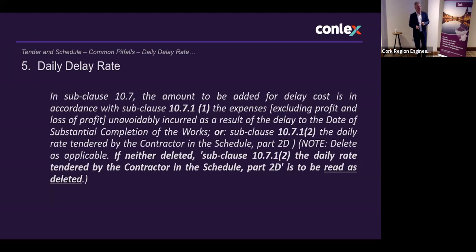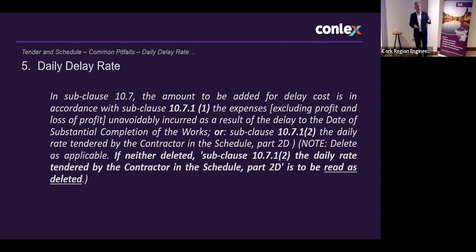And this is the important bit. Delete as applicable. If neither deleted, subclause 10.7.1.2, the daily delay rate tendered by the contractor in the schedule part 2D is to be read as deleted.